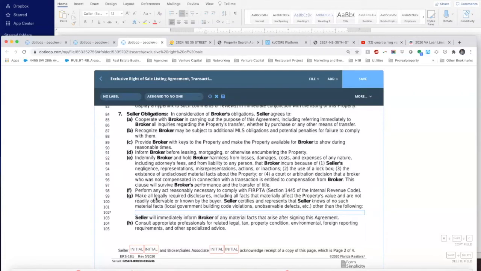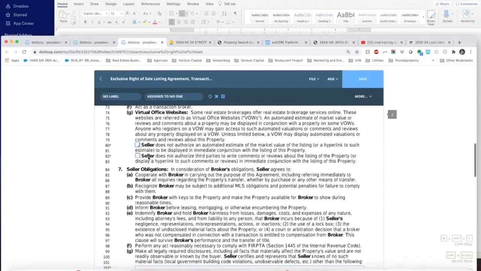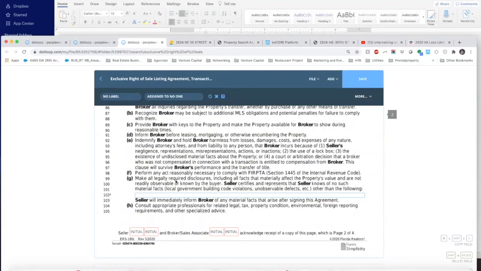Next one is make all legally required disclosures, including all facts that materially affect the property value and are not readily observable. So again, these are the seller's obligations to the broker, facts not readily observable or known by the buyer. Seller certifies and represents that seller knows of no such material facts, local government building code violations, and observable defects other than the following.